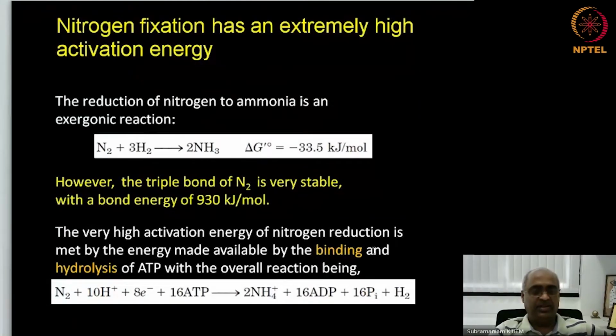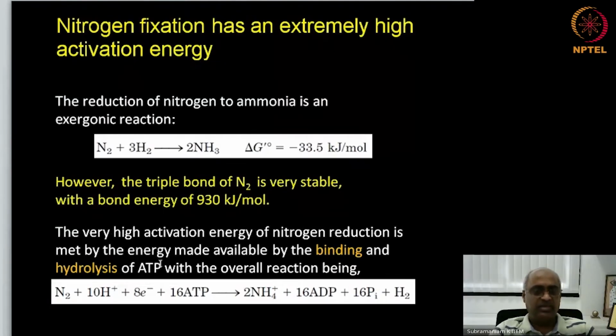Okay, so that lowers the reduction potential of the enzyme so that it can readily donate an electron. Okay, so electrons flow from molecules with low reducing potential to molecules with a high reducing potential. Okay, so electron affinity difference. That is one way by which ATP binding contributes to overcoming this activation energy barrier.